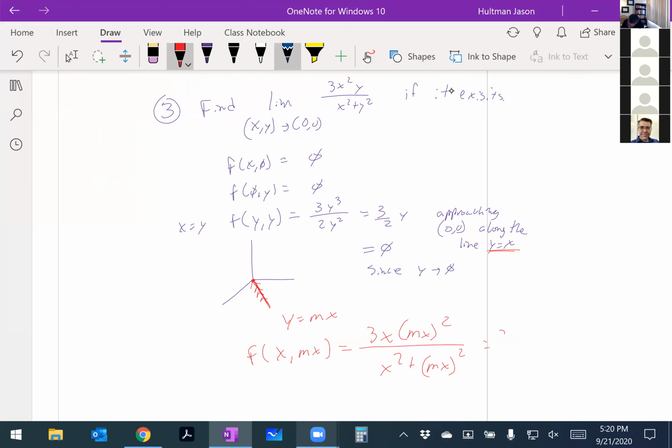This is going to become 3m squared x squared over m squared x squared. So I'm going to factor out the m squared, so I get m squared plus 1 times x squared, right?